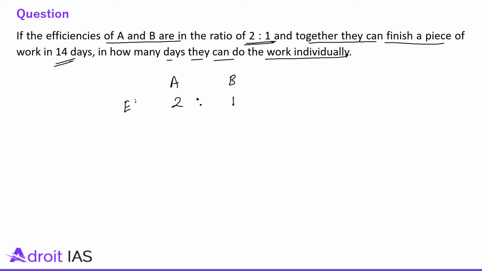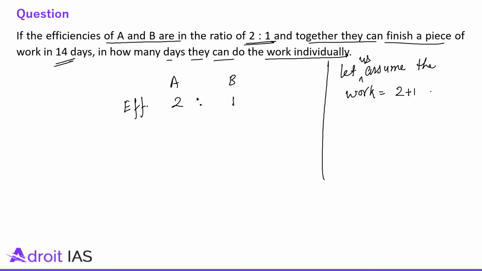In these types of questions, let us assume the work is 2 plus 1 equal to 3 units. We just add these two ratio terms, 2 plus 1 is equal to 3 units. Just assume the total work is 3 units.